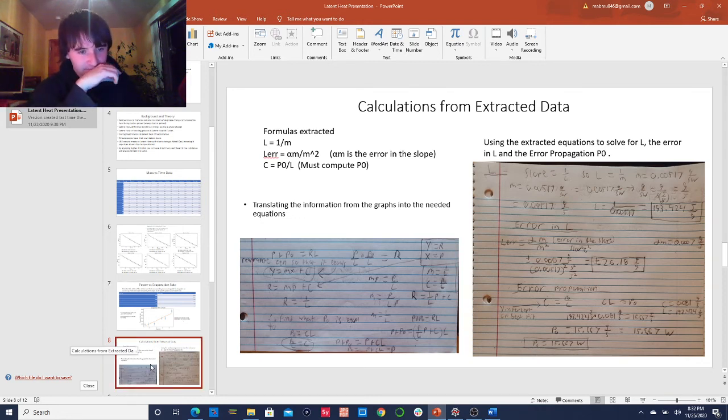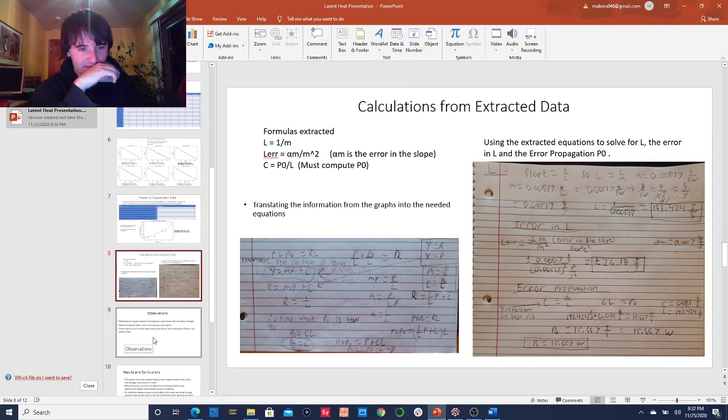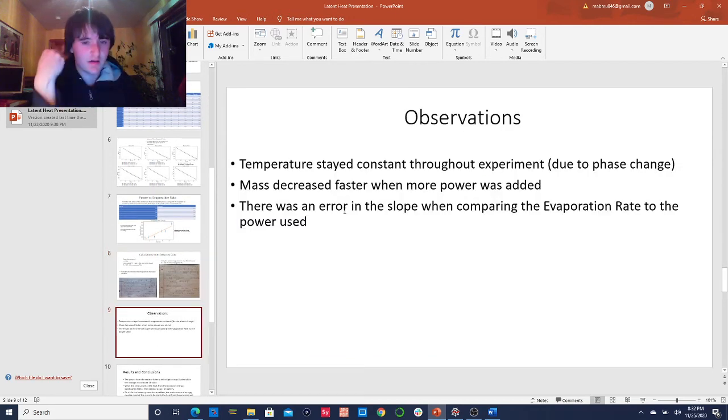Now, something that's kind of interesting about this number leads to some of the observations that we can see. As described before, the temperature stays constant throughout the experiments due to its phase change. When it's undergoing the phase change, it is maintaining a constant temperature.